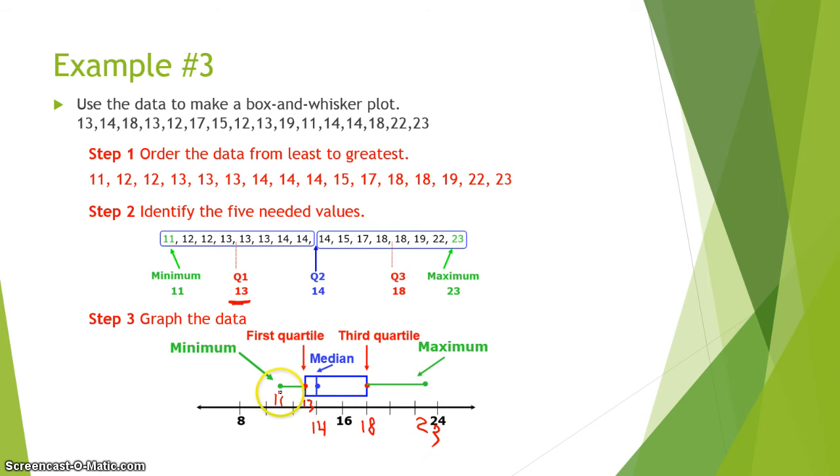Notice how they have a point at each value we found, and then the whiskers are from your minimum to your first quartile and from your third quartile to your maximum, and then they put the box around your first quartile, the median, and the third quartile. So this part here is your interquartile range, and here we have our whiskers. That's why it's called a box and whisker plot.